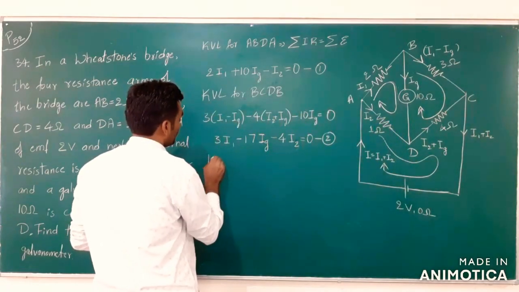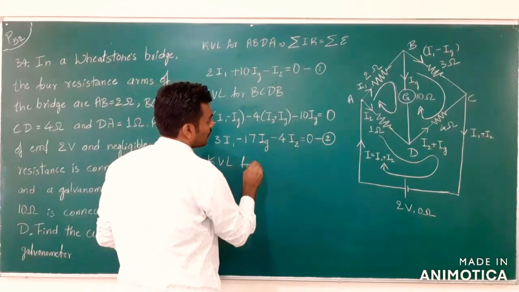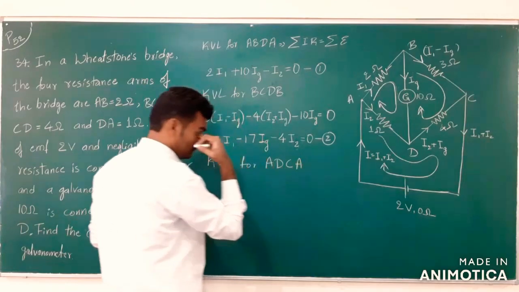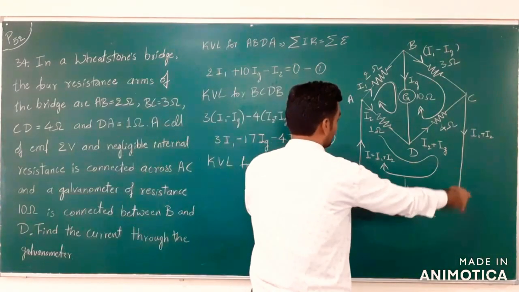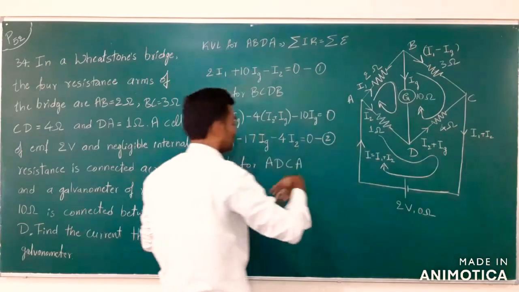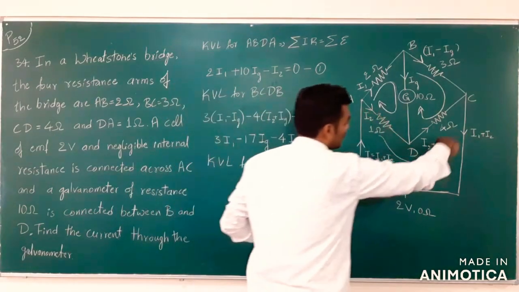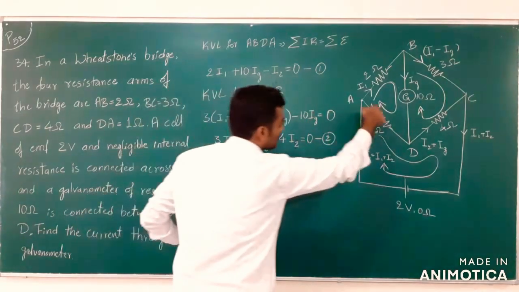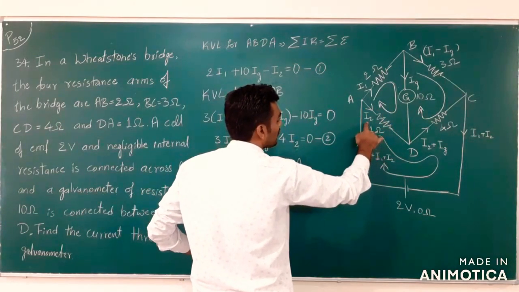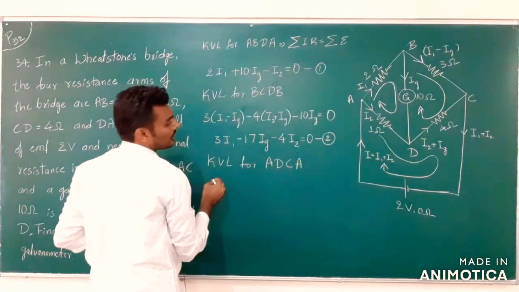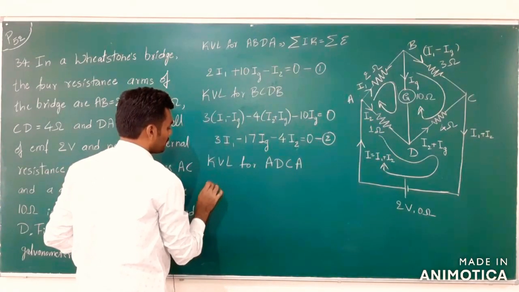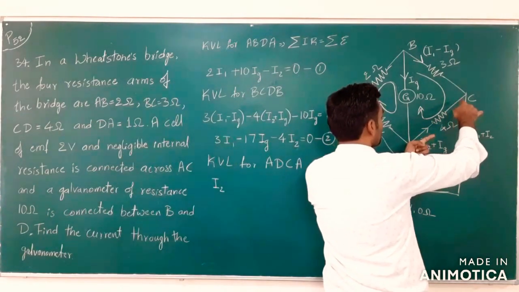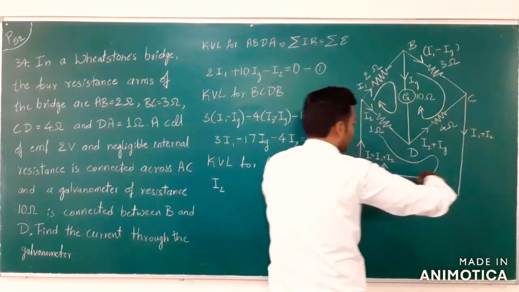So again KVL for A, D, C, A, okay. You can name these two as E and F, that's fine, but you should be aware of A, D, C, A again, right. From A to D, first it is 1 ohm resistance, I2 current, same direction. So 1 I2, simply I2, then D to C, same direction, like this, our traversal, okay.